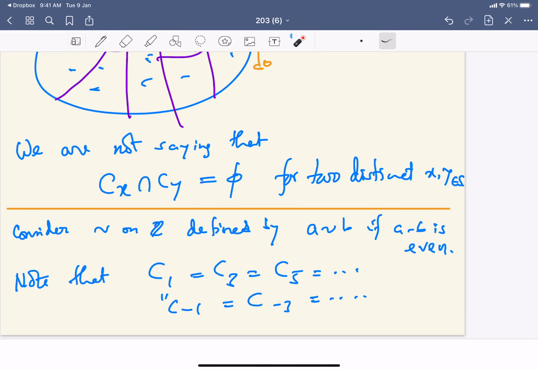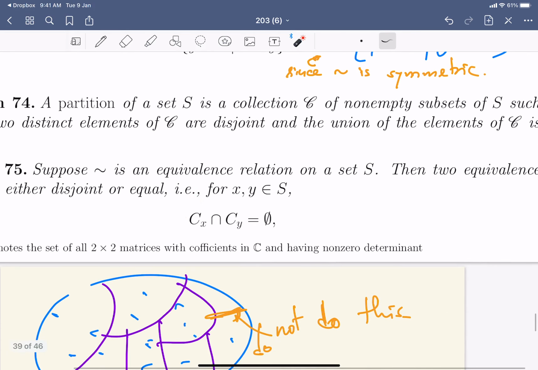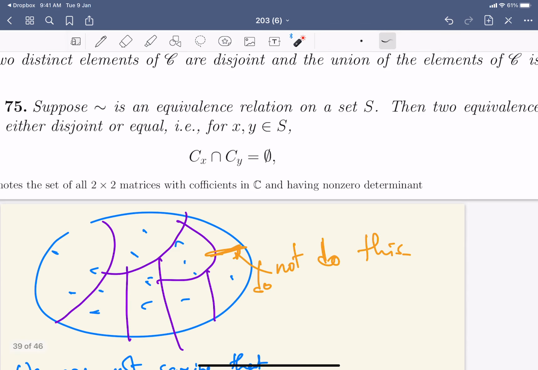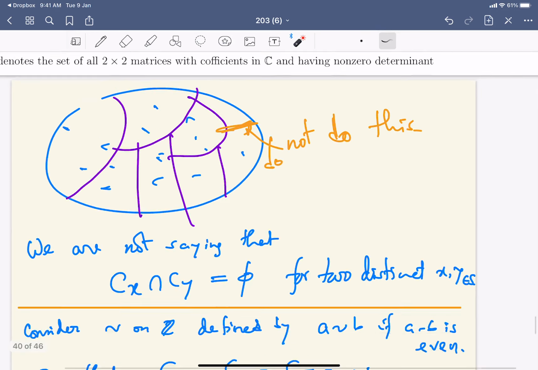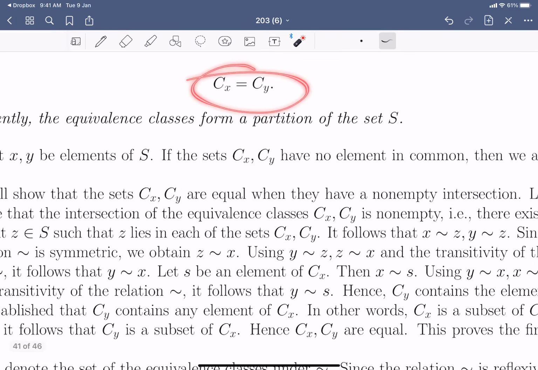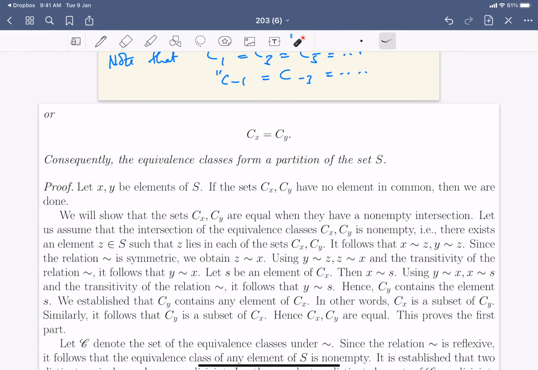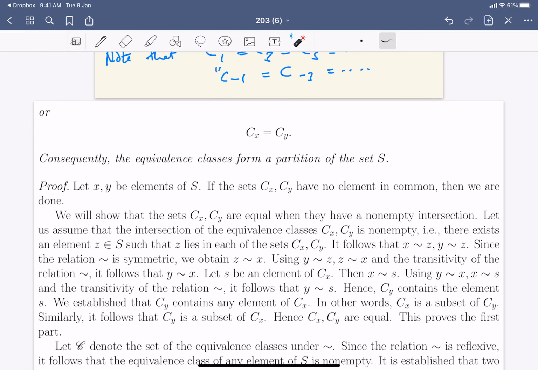We are saying that if we pick two equivalence classes Cx and Cy, then they are either disjoint, or if they have at least one element in common, then they have to be equal. This is a very strong statement, so try to go through it over and over again to realize its worth.